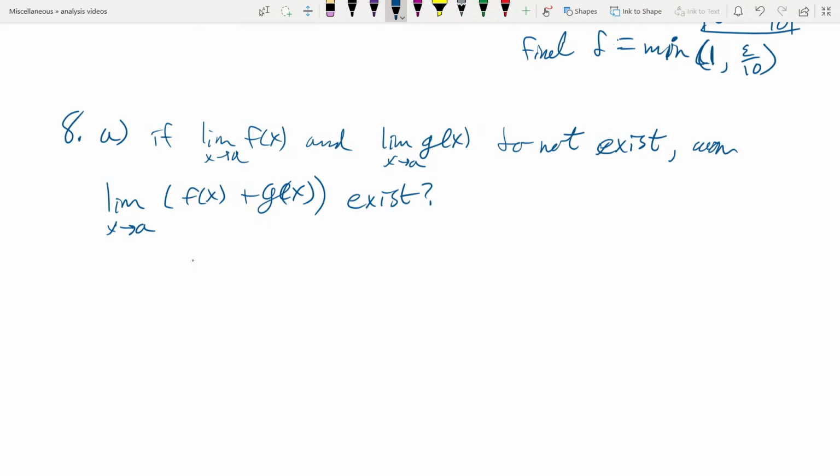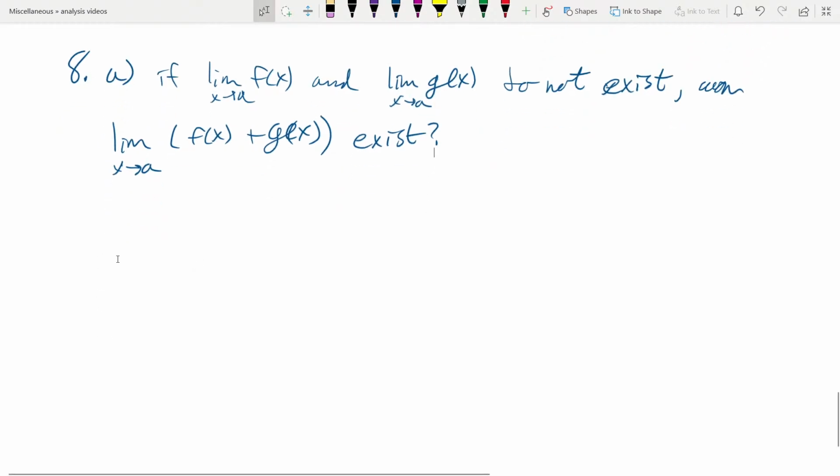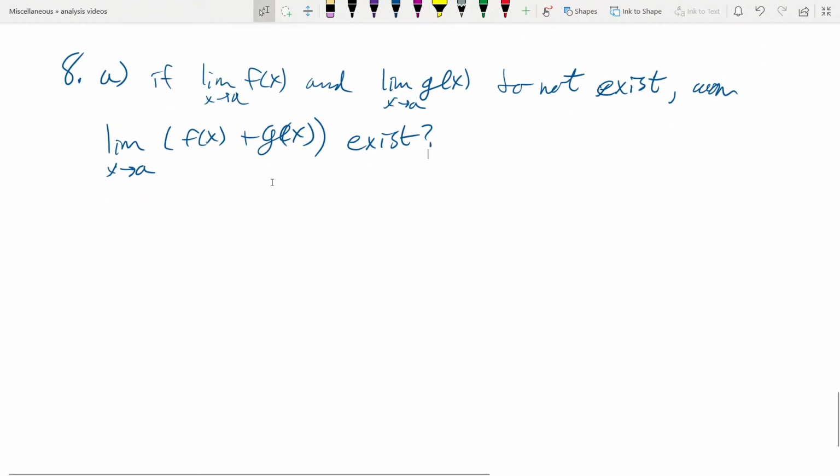In fact, we can find two examples of functions which don't have a limit anywhere, but which add to 0. Basically, you find one function that looks really bad, and then you take its negative, and it's got the same bad properties, and then you add them together, and you just get 0, the simplest function ever to exist.